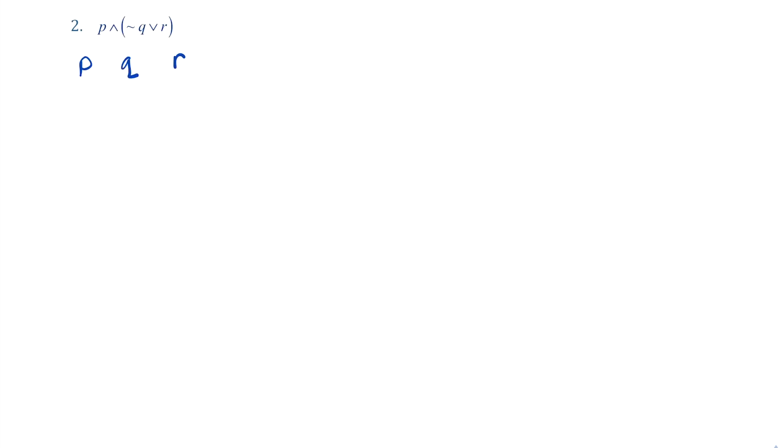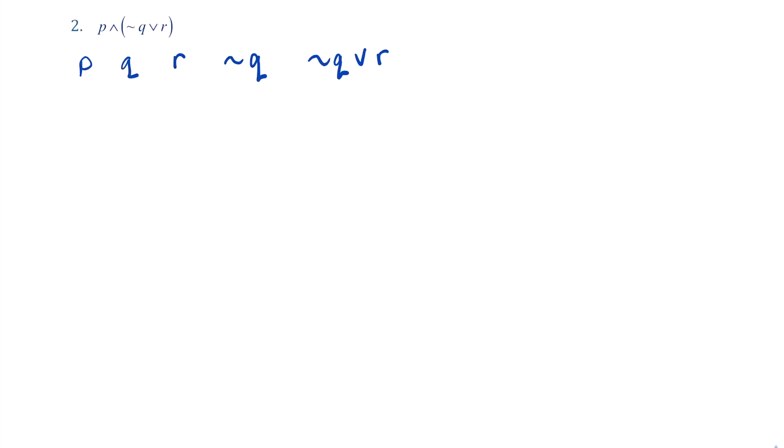We need the disjunction of not Q and R. So here, what we want to do is we're going to need a not Q, right? And then we'll do not Q or R, right?